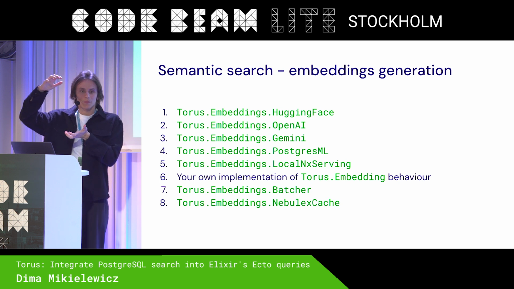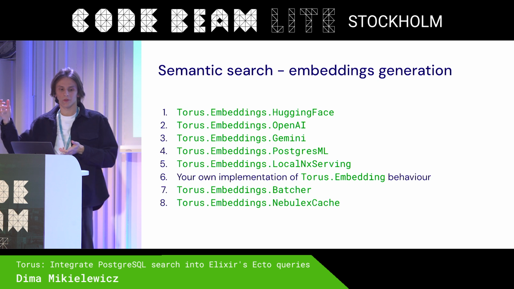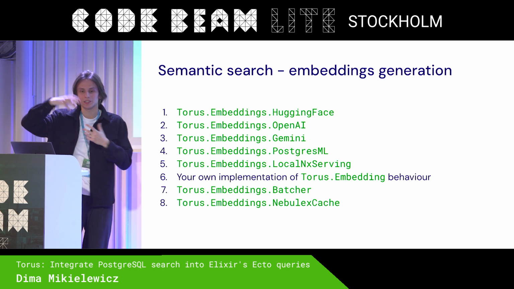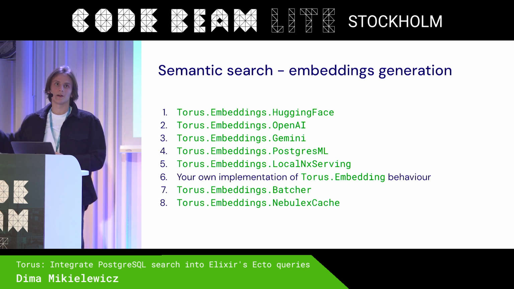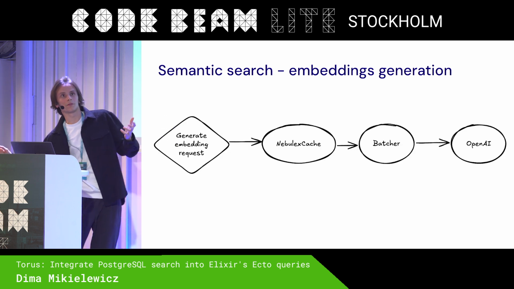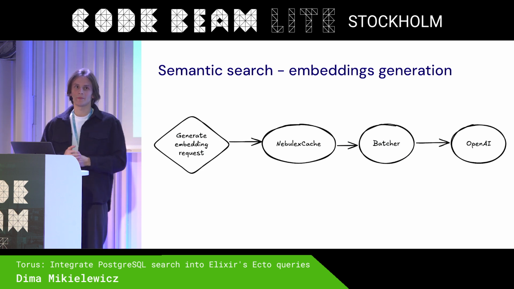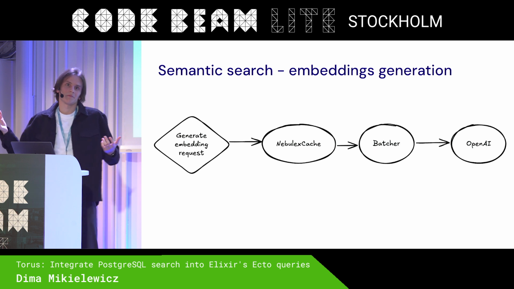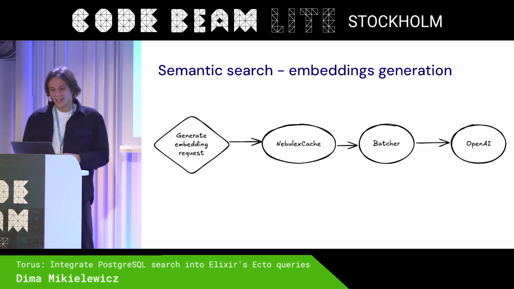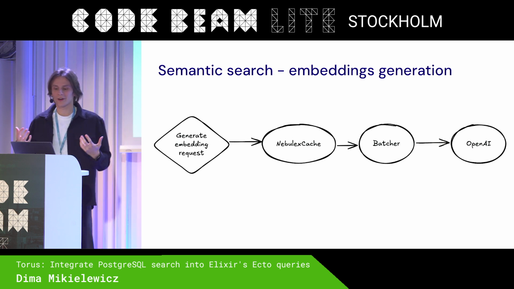So you only pass the requests forward when a specific number of strings have arrived or a specific amount of time has elapsed, and only then you pass them to any model of your choice. Also, you would probably want to cache the embeddings: if the embedder has already seen the term, the string, then it might want to return the stored result.